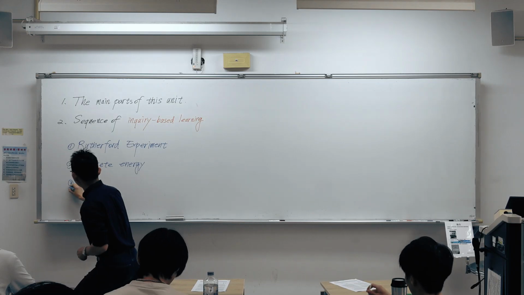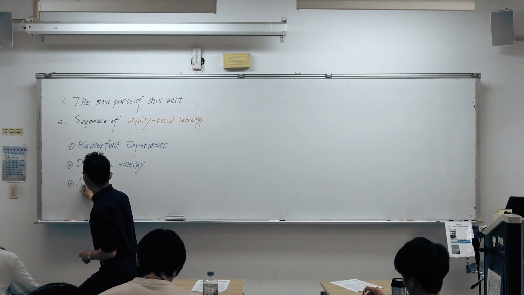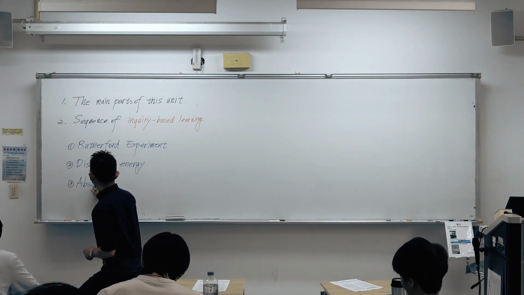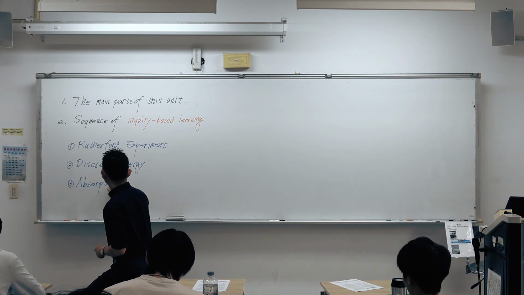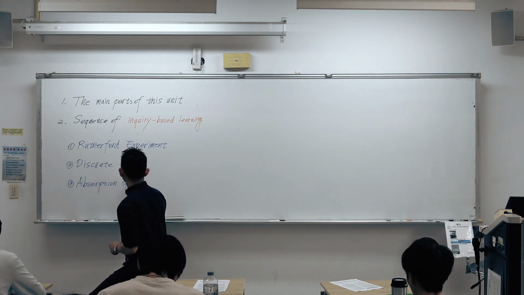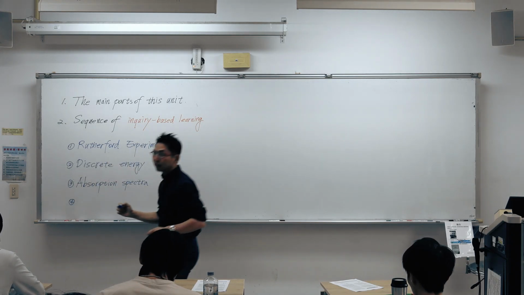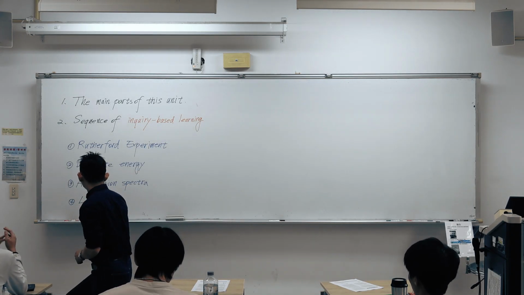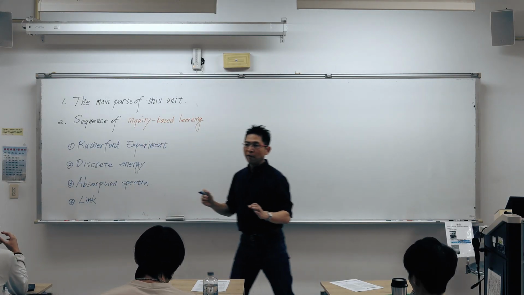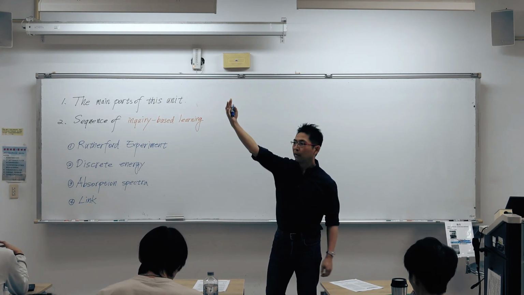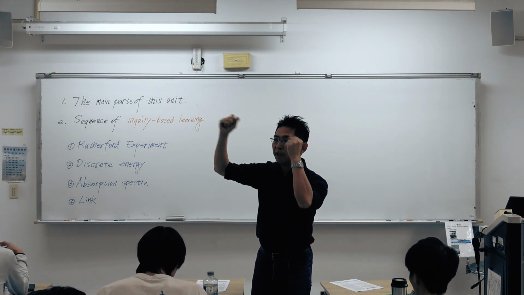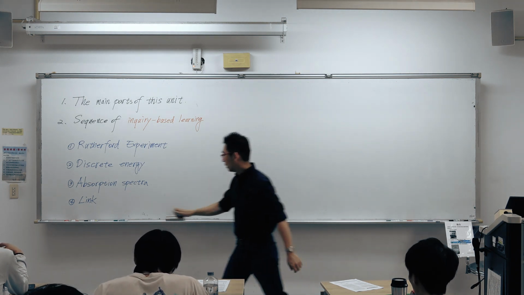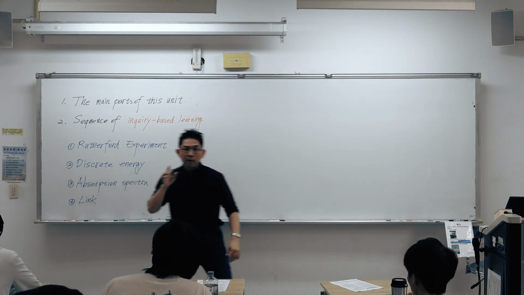Then after that we will discuss absorption spectra. So you just said that we actually need a link for Hubble's discovery for a far galaxy's emission spectra, right? Yes. Okay, so why do we need the link?